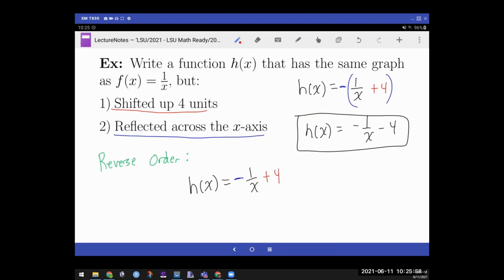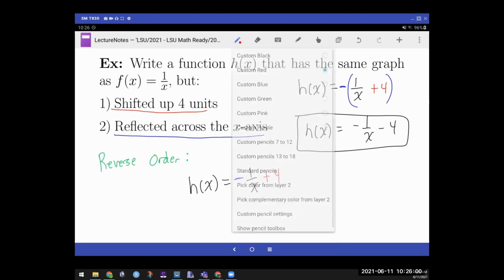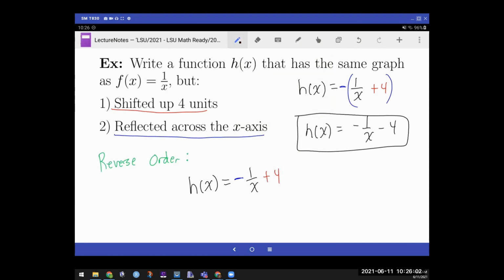Okay, in this case, you don't distribute the negative. Let's put that in green. So it makes a difference, right? The order that you do this in makes a difference. So make sure you pay attention to the order that it's listed.